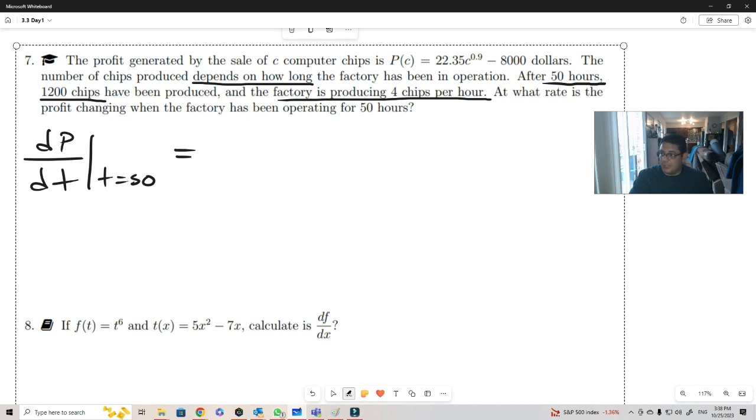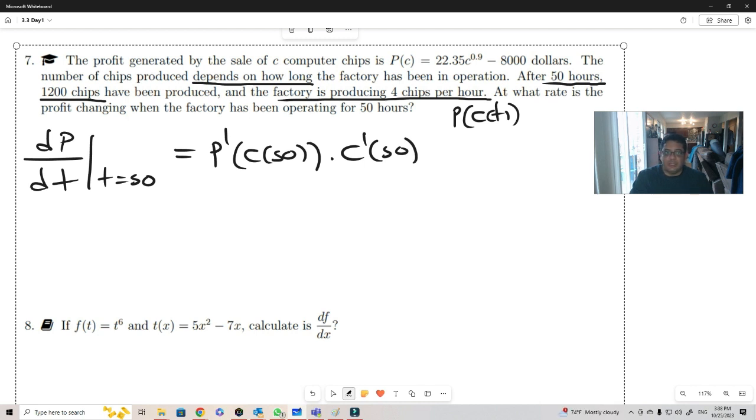So pretty much we have a function P that depends on the chips C, that depends on the time. So we have a situation where we have a function P composed with C of t. And so if we want to do the derivative of the profit with respect to t, this is really P prime of C at 50 times the rate of change of C at 50. Okay.